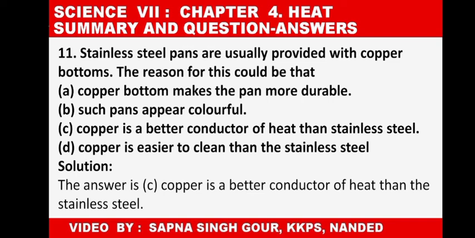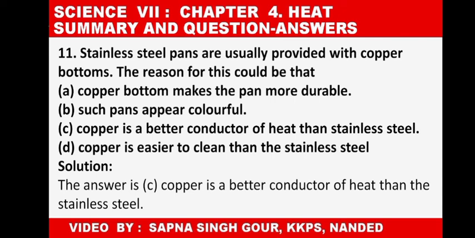The reason for this could be that the copper bottom makes the pan more durable. The next option is such pans appear colorful. Copper is a better conductor of heat than stainless steel. Or the last option, copper is easier to clean than stainless steel.